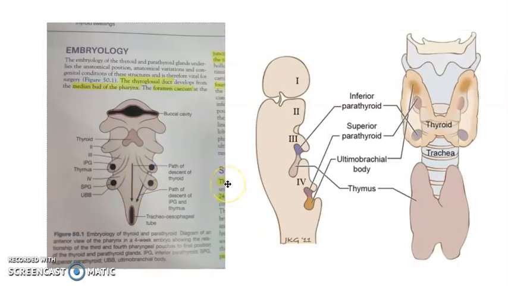So basically, thyroid gland develops from the first and second pharyngeal pouch. It is actually near the buccal cavity, and then it descends down to reach the neck area. First, it will be related with the foramen cecum, which is from where the tongue and all develops, and later on it just descends.